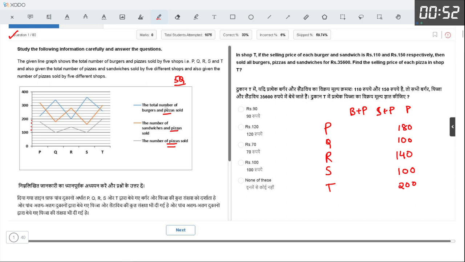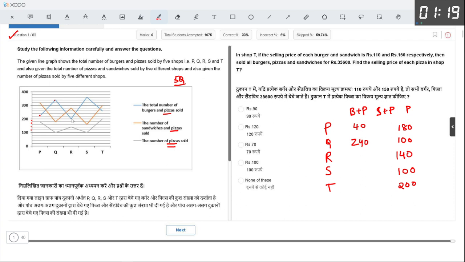So find the number of burgers plus pizza. This blue line is burgers plus pizza. Burgers plus pizza is 220, so 220 means how many burgers will come here? 40 plus 180 is 220. Here burgers plus pizza is 340, so burgers will be 240.